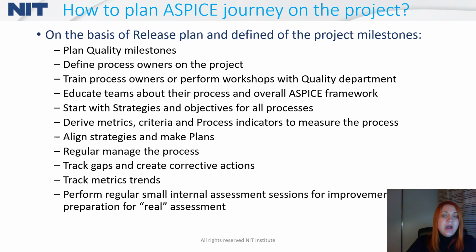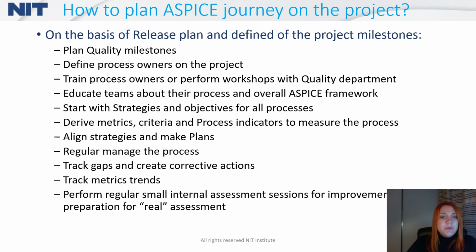In this slide, I wanted to summarize some basics which you can then take as hints for taking the ASPICE journey on the project. On the basis of the release plan and defined project milestones, we should plan quality milestones.